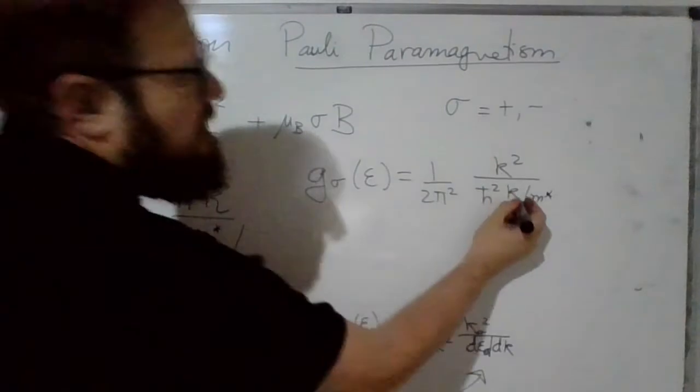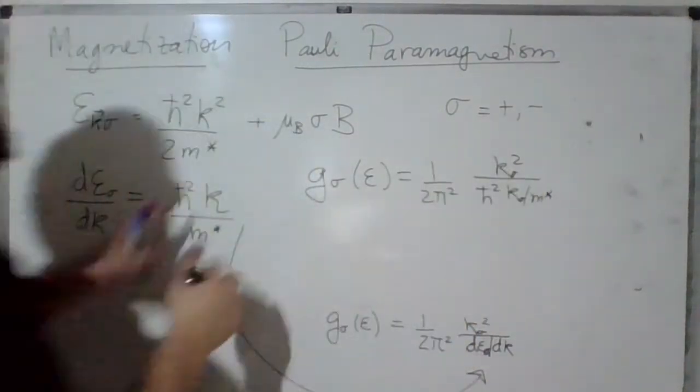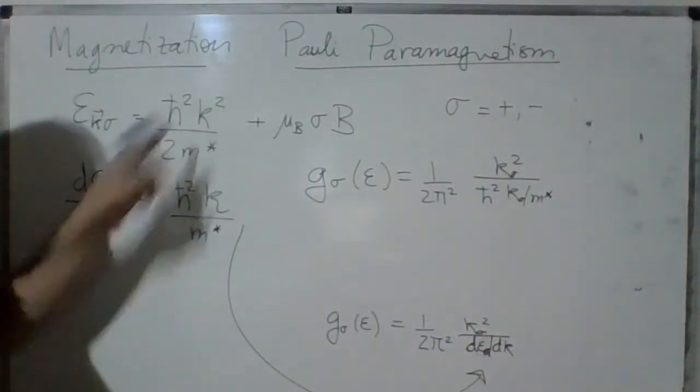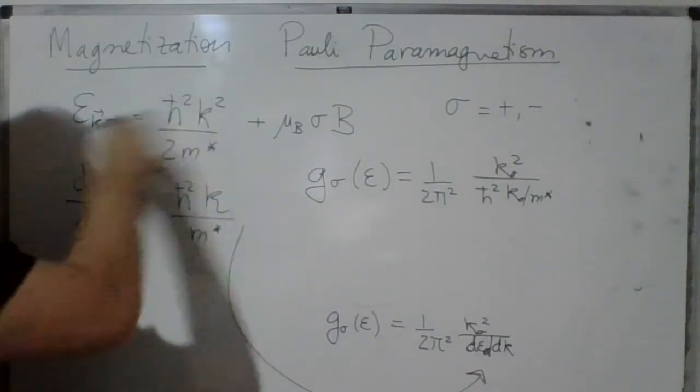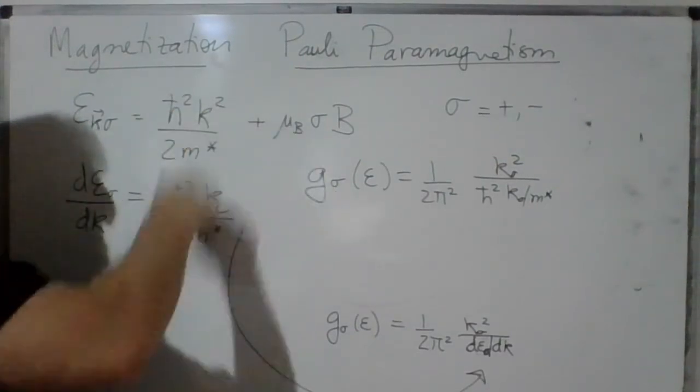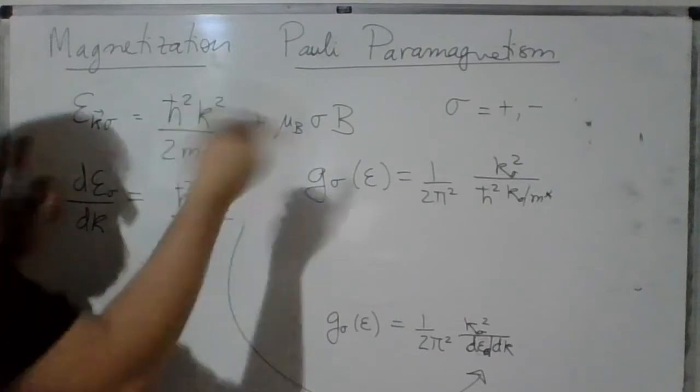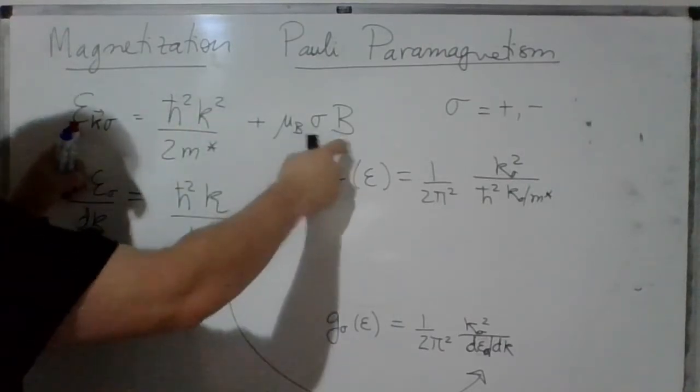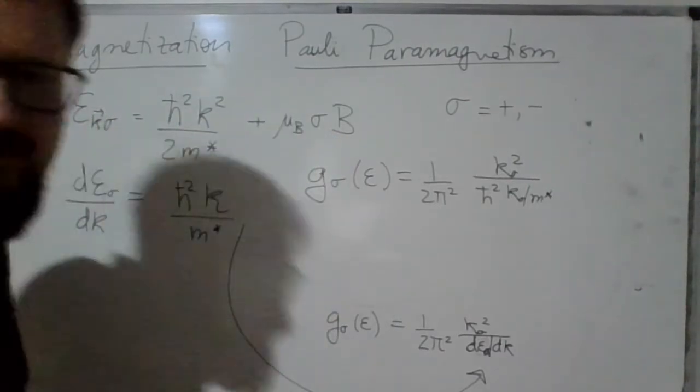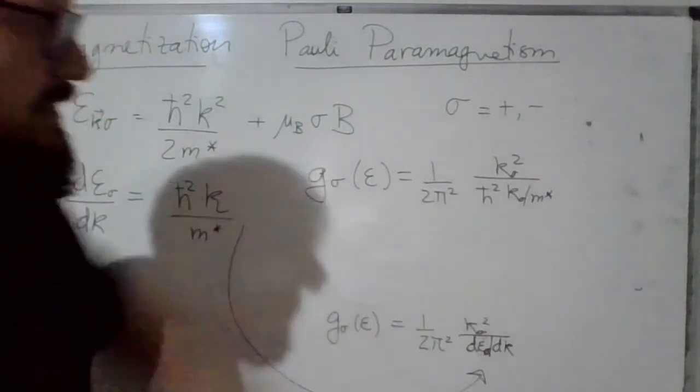Okay, this k depends on the spin now. If you just try to calculate k given the energy and given the spin, for the same values of energy and B, the k will depend on spin. All right. So this is what we have.